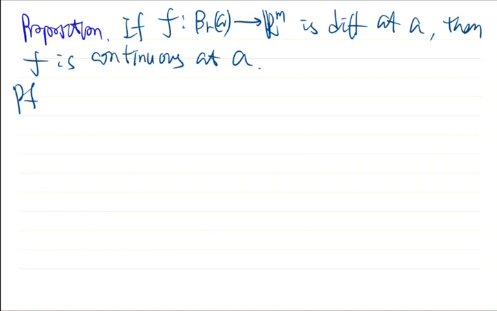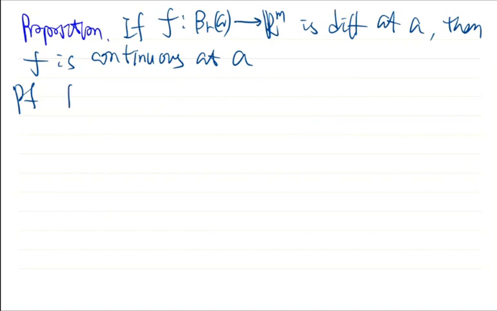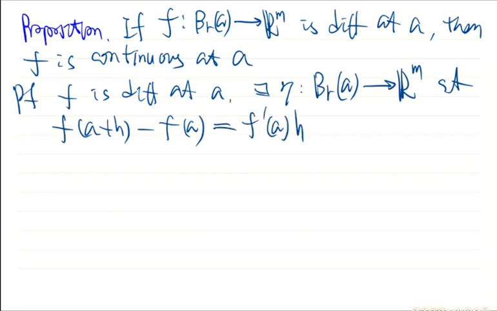Differentiable means that the limit as h goes to 0 of f(a+h) minus f(a) minus Ah, or maybe we use another argument. f is differentiable at a, so there exists an eta defined such that f(a+h) minus f(a) is Ah, which is f prime(a) h plus eta(h).